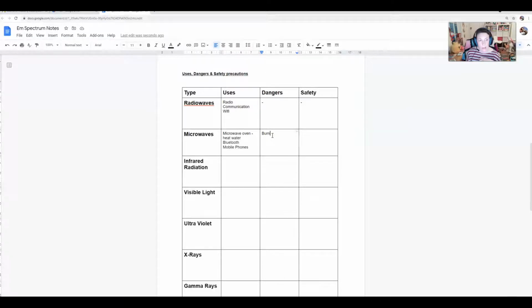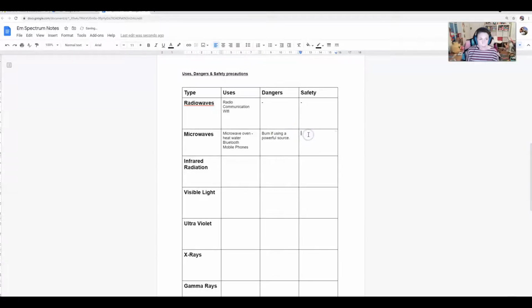So you don't really need to talk about whether they have any long-term effects, because we don't really know if they do or not, although there is some consideration as to whether they affect your cells because they have this heating effect on water, okay? So I'm just going to put they can burn if you use a powerful source.